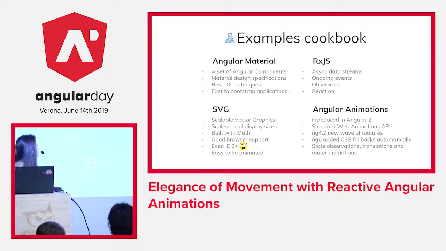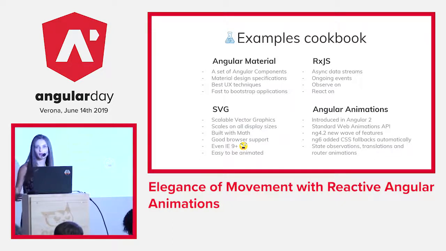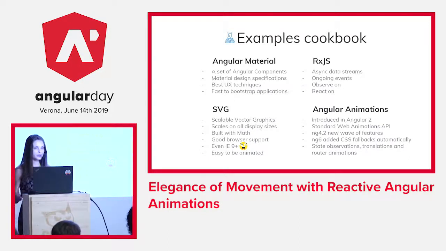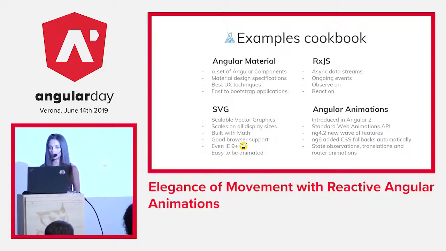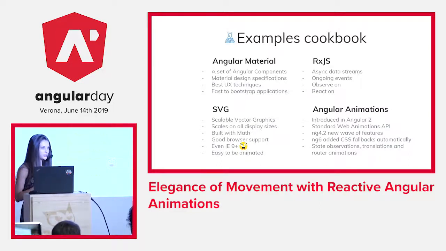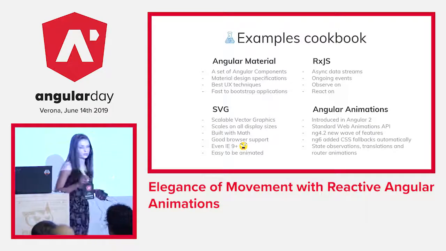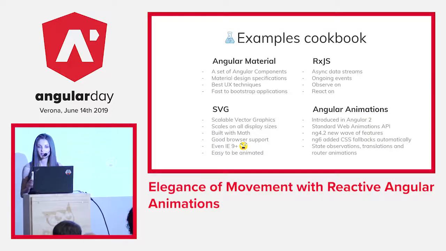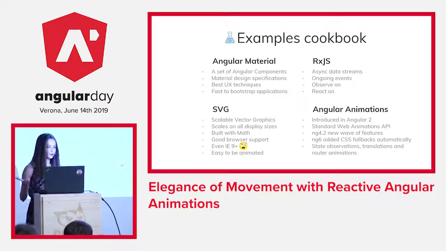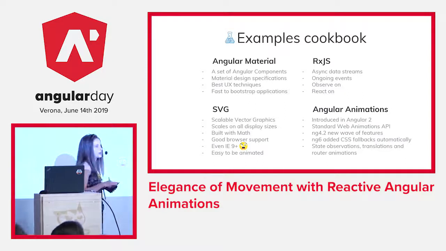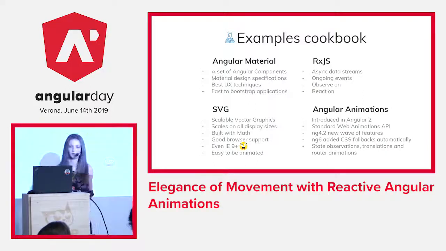While Angular 4.2 comes to us with a whole new wave of animation features and a very rich animation API, Angular 6 added CSS fallbacks automatically to those legacy browsers that do not support JavaScript animations natively. This is cool. This is awesome. So today, in the Angular world, we have full state observation, transitions, and routing animations in our application.